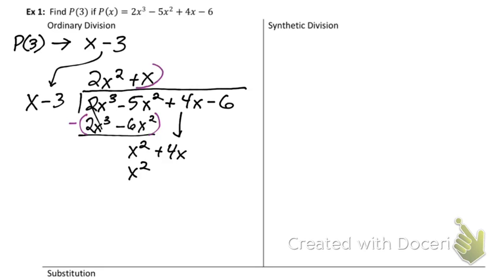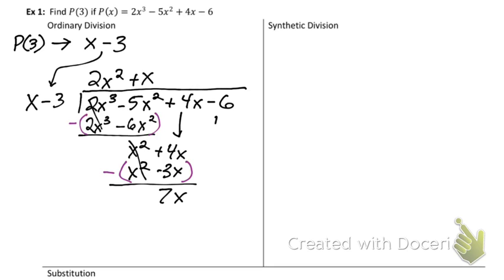Now I have to take that x and multiply it by that negative 3, which would give me negative 3x. Once again, you have to remember that you are subtracting. x squared minus x squared gives me 0, so those cancel out. And then 4x plus 3x gives me 7x.